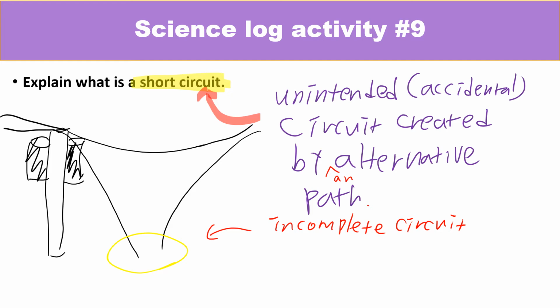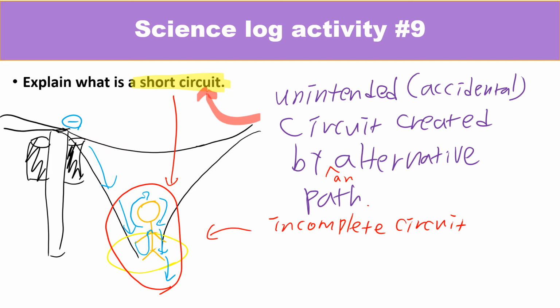But imagine there is a person over here. Now let's think about electricity's perspective. Electron, which used to have no way of going through, now can go through human body and then go to the grounding. This is an example of short circuit. By going through that power line area, you just created a small completed path where electron can go through. And this is where electric shock will happen.